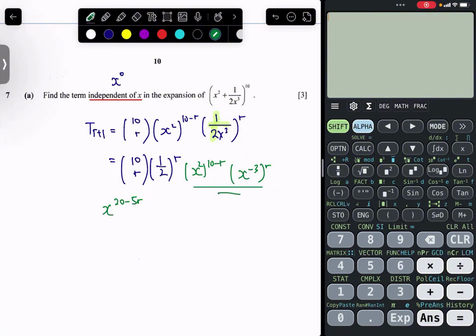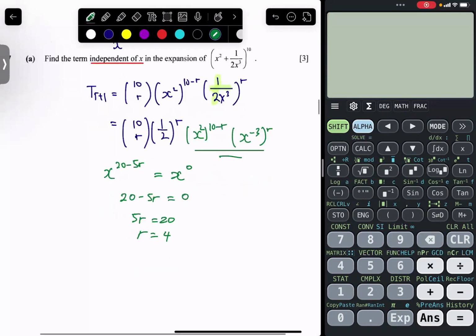If I want the term independent of x, I want x to the power of 0. So 20 minus 5r equals 0, then 5r equals 20, r equals 4, which means that the term independent of x would be term 5.